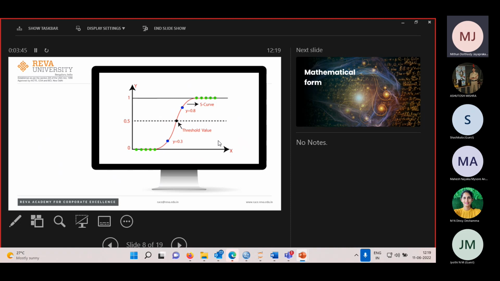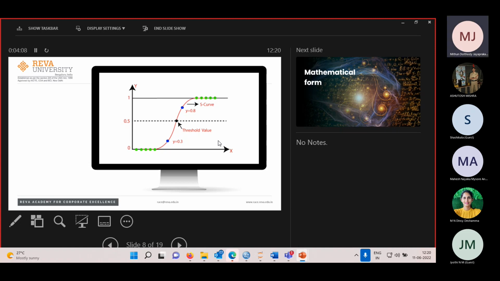There's a greater chance that he's going to be closer to 1. So I will say that this person is likely to be a defaulter. Let us say some other individual, when I look at all these demographic details, I may get a value of 0.3. It is less than this halfway threshold. And therefore, I'll say that this guy is going to be a non-churner.